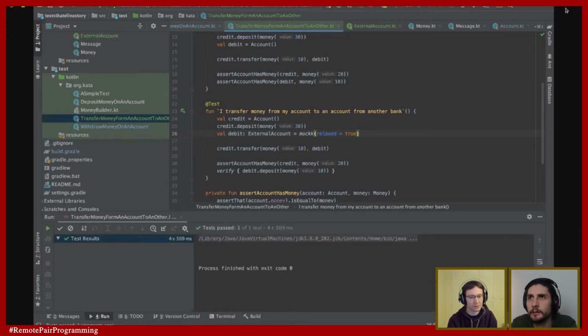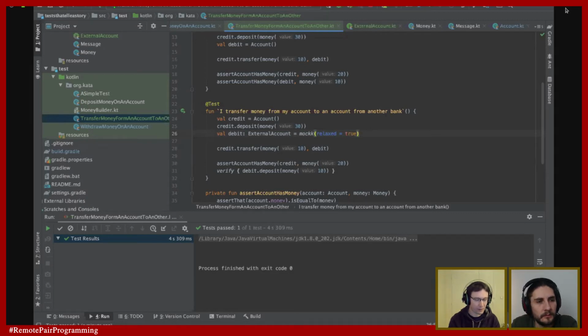So I think, well, there are a lot of names for this concept. It's called strict or unstrict mocks. Here it's relaxed. Strict mocks means that you need to call the function, and unstrict mocks means that it doesn't care.